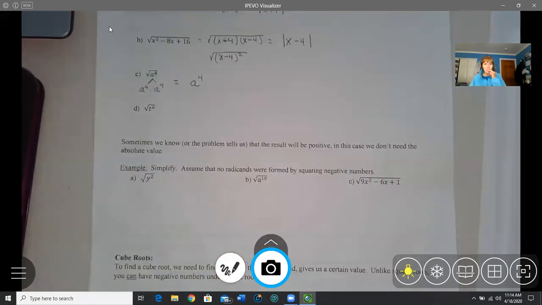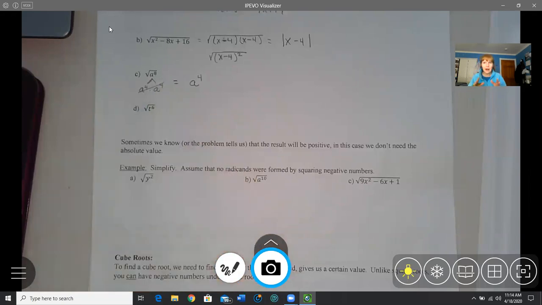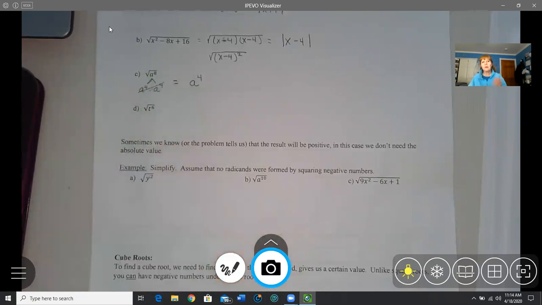Okay. It comes out, all right? These come out just like the square root of 25, 5 times 5, the 5 comes out, and then your answer is just 5. These will come out of your principal square root here, and you have a to the 4th. Now, on the last two, we put absolute values down. But do we need absolute values here?